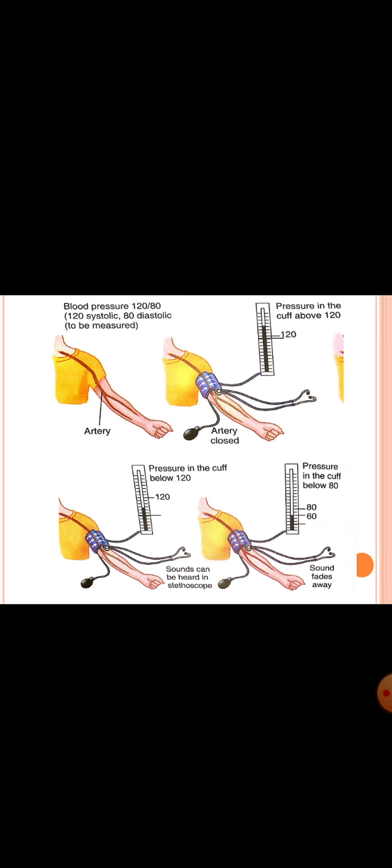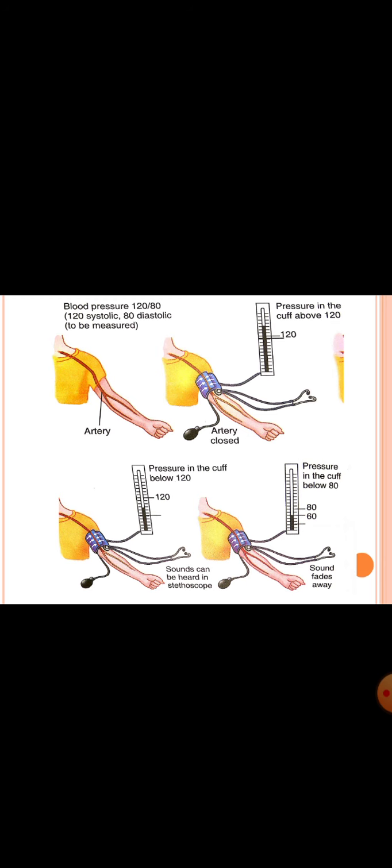It has an inflatable bag-like cuff, a compressible bulb and a screw for releasing pressure. Then a mercury manometer and two rubber tubes as shown in the diagram, connecting the bulb and manometer with the cuff.